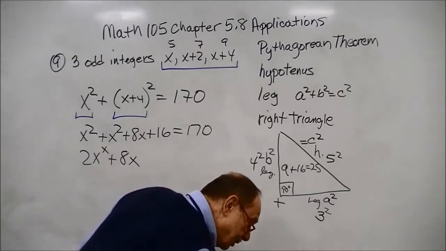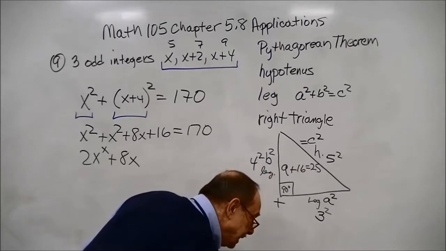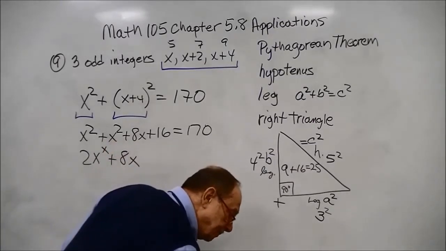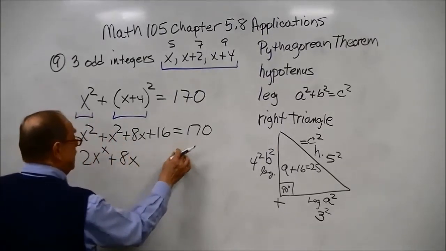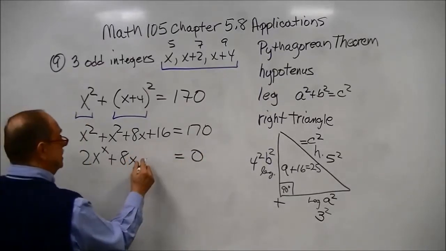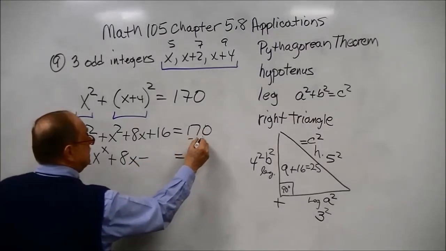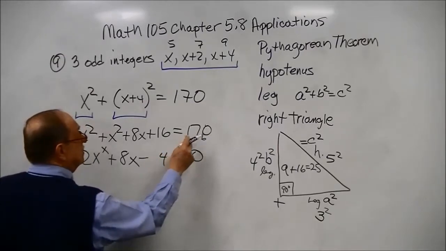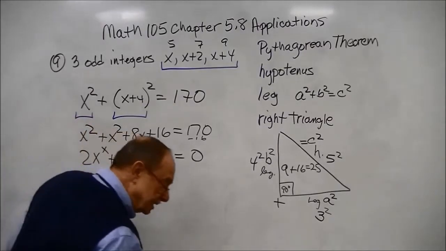And since I already have it worked out, I left out one step there. So this is going to be a negative. I'm going to subtract 16 from that, so that'll be 4. How about 154? Let's go with that.